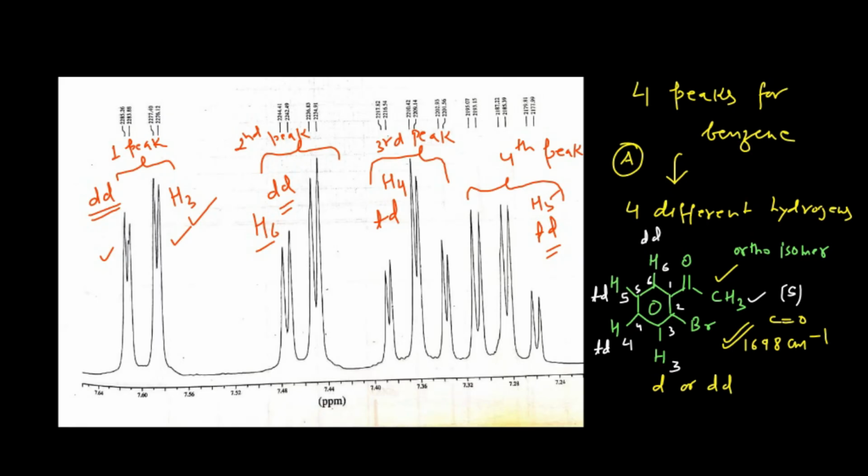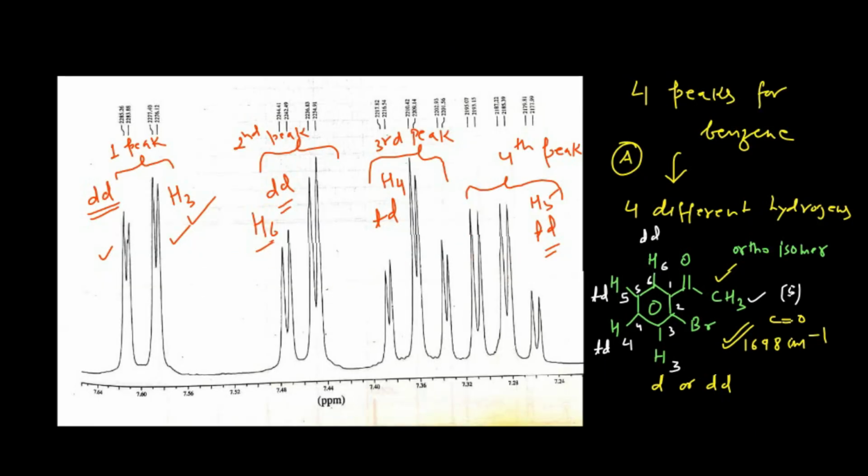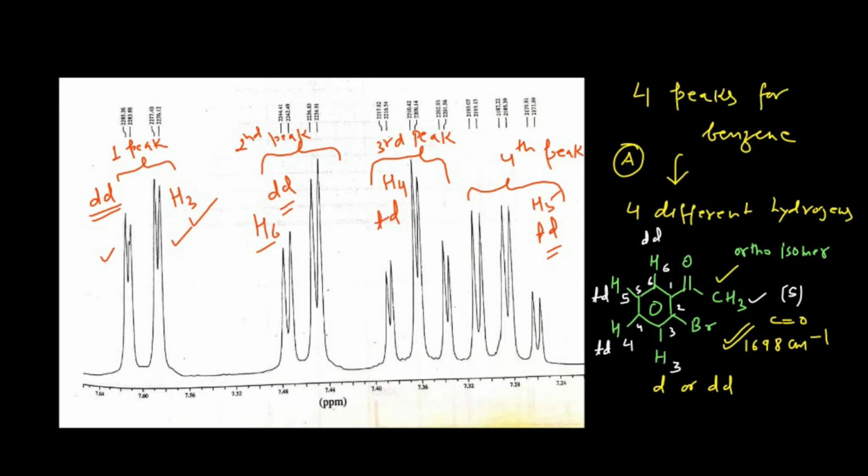Okay. Now, if you go back, you see here, this is the cluster, and the expansion of the cluster I have explained to you. Then you are having this one singlet, and that one singlet is due to this CH3. This is how I am confirming that this compound is basically your ortho-bromoacetophenone. Now, if you move further, say this is your compound B. So what is there in the compound B?